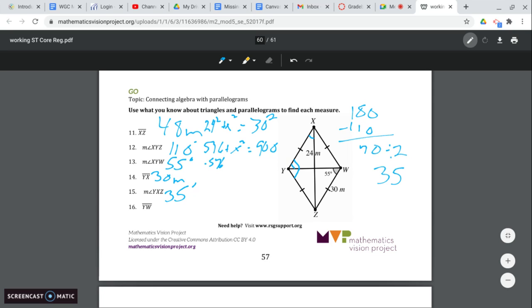Subtract the 576. So x squared equals 900 minus 576, which is 324. We take the square root of that, and the square root is 18. So x equals 18. So that's just this portion from the center to W, or from the center to Y. Then we times that by 2, and we get 36 meters.